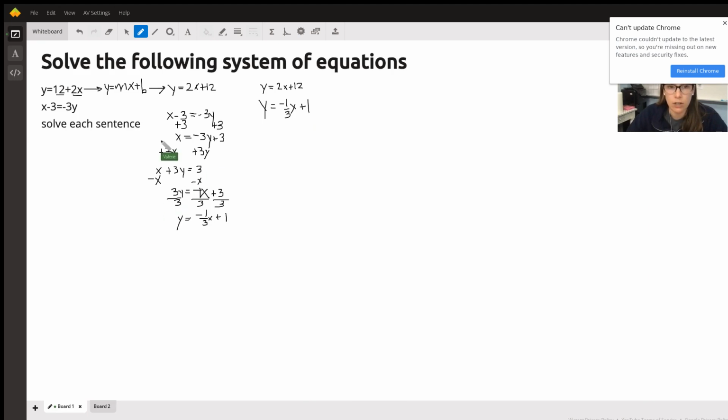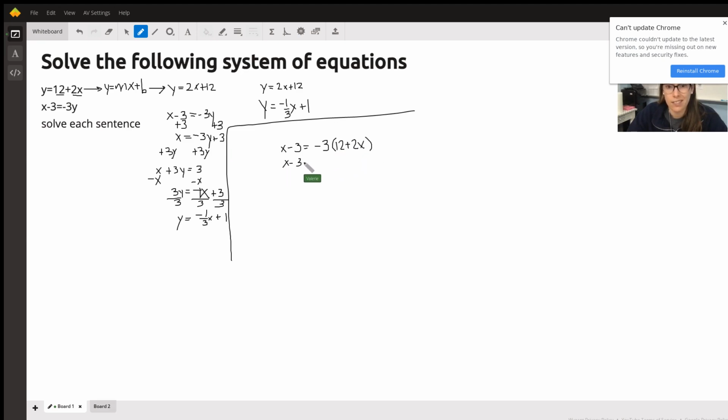Now, I could have solved this by substitution because I have something here that says y equals. Now, I have a value, even though it's an expression, for my variable y. So instead of the graphing method, I could have substituted it in. So where the y is in that second equation, I'm going to plug in that expression 12 plus 2x.